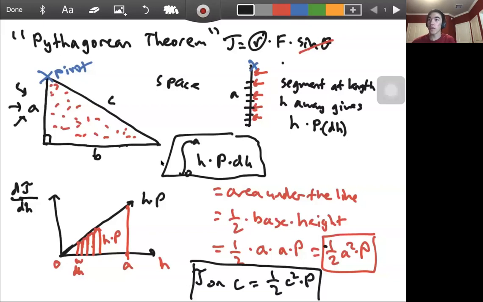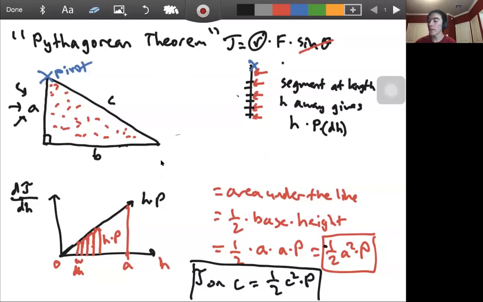Okay, now the only thing we need is the torque exerted on side B. And we're trying to prove the Pythagorean theorem, but you can kind of imagine that we know what we're trying to prove. We know what the Pythagorean theorem is.